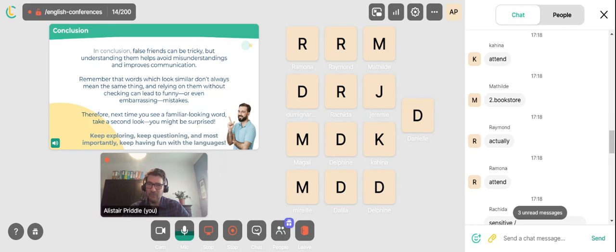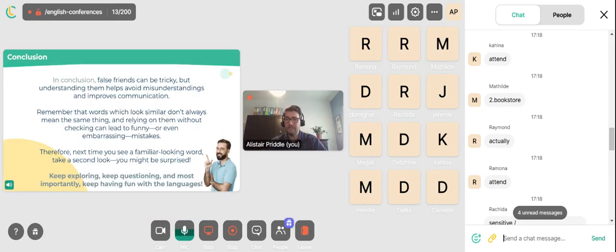In conclusion, false friends can be tricky, but understanding them helps avoid misunderstandings and improves communication. Remember that words which look similar don't always mean the same thing, and relying on them without checking can lead to funny or even embarrassing mistakes.